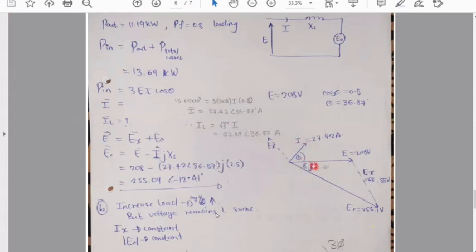Then your E naught, when you calculated your E naught, you got a negative angle, which indicated that E naught actually lies below, and that's the value of your angle. It's 12.41 if this is not visible. And we know that EX is nothing but joining E naught and E, and the parallel component of that will come here.